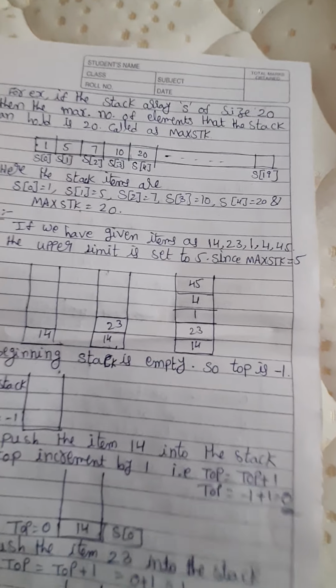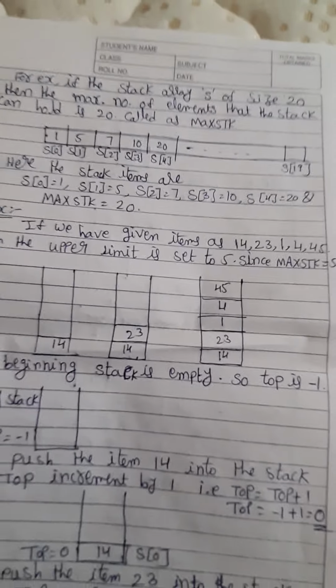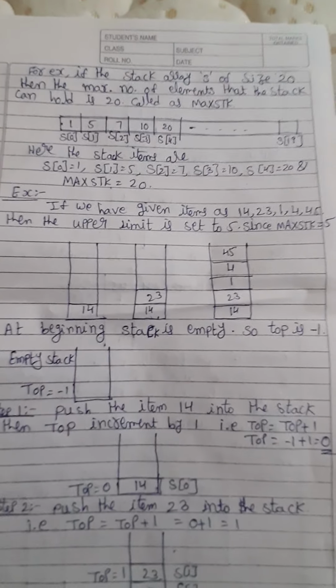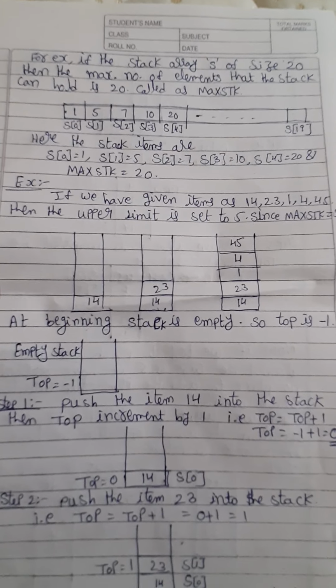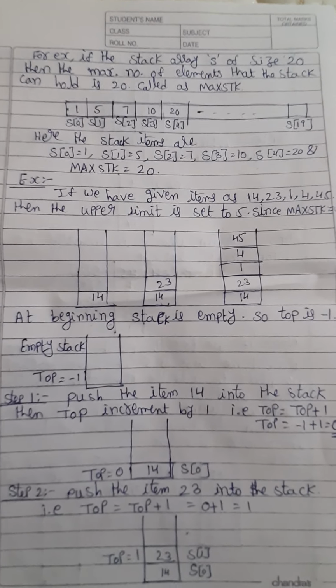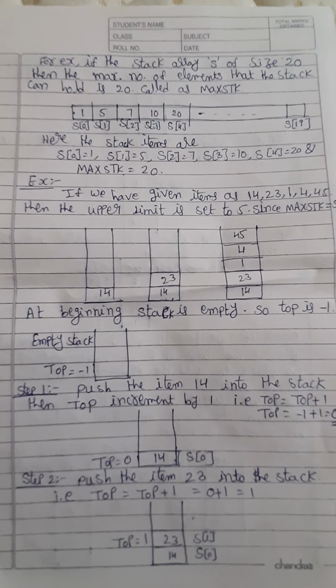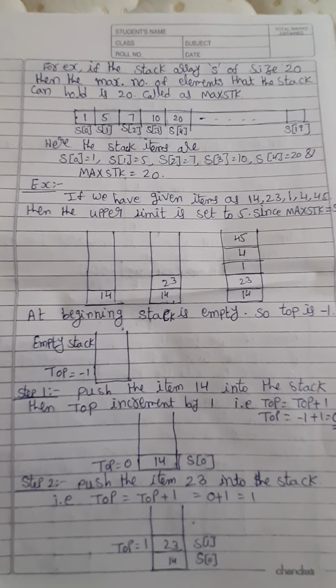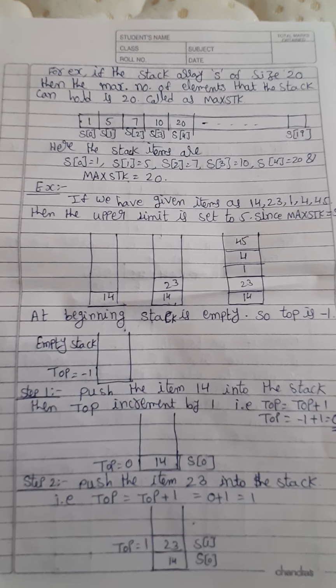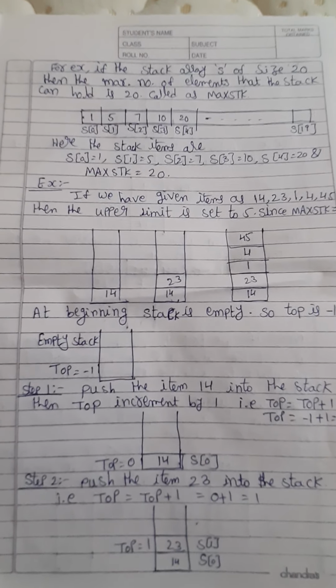See this example here. If the stack array is defined as S and they have given the size as 20, then we can enter only 20 elements into the stack, and that 20 is called the maximum stack, max stack.